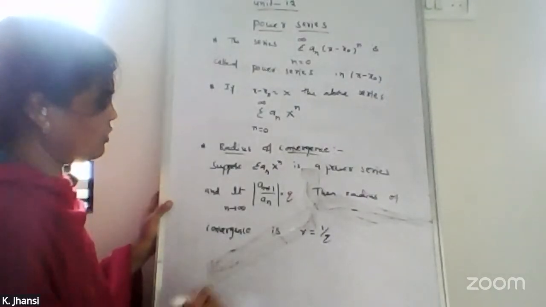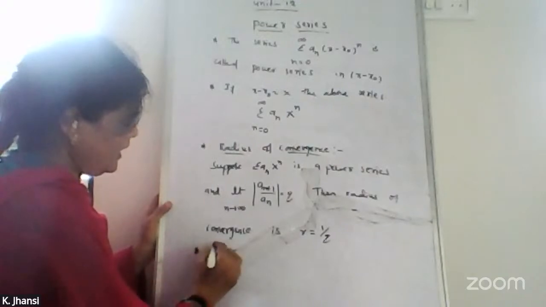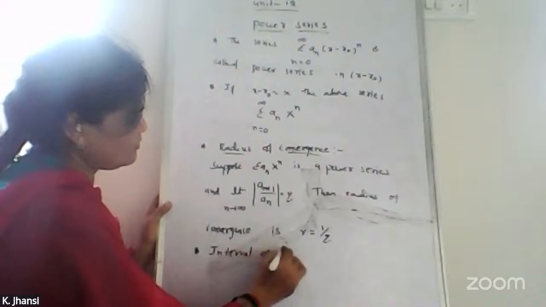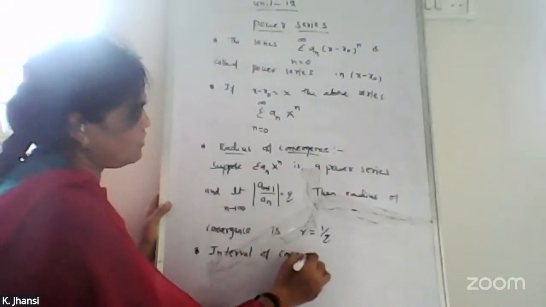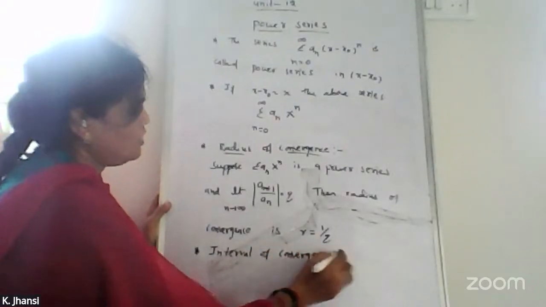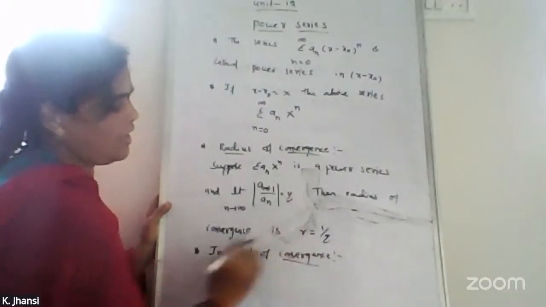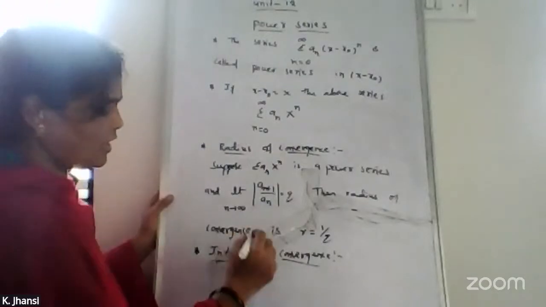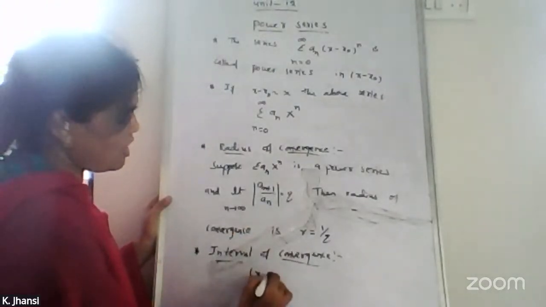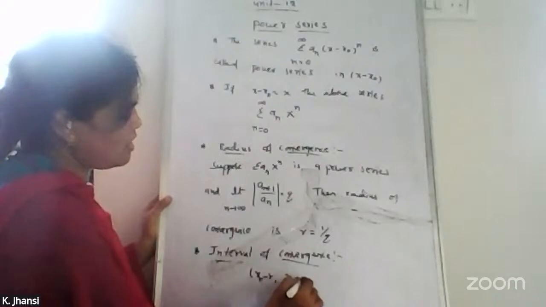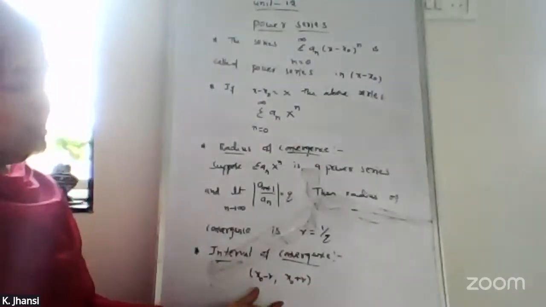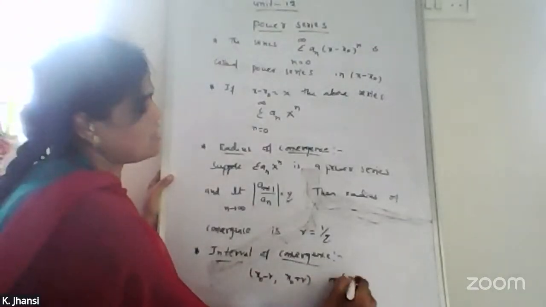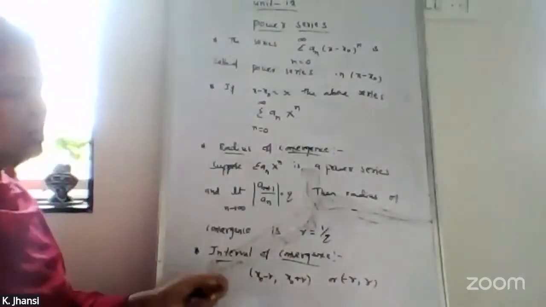Okay. So in this only, if you see what is interval of convergence. Interval of convergence is, so whatever the r value you are getting, if you write it as x naught minus r comma x naught plus r, this is called interval of convergence. Or we can write it as minus r comma small r. Okay.